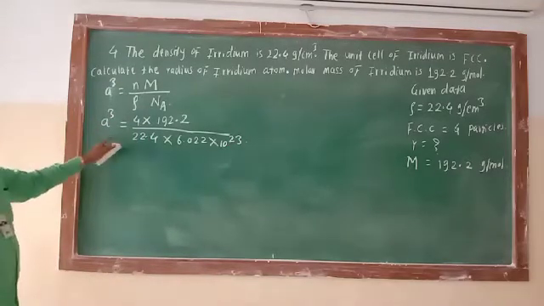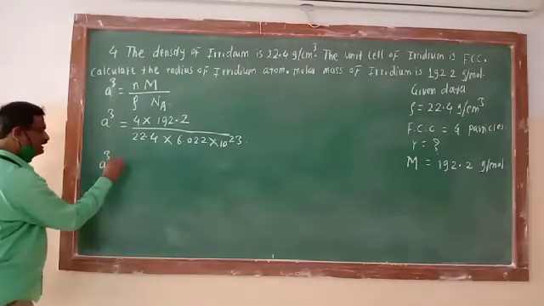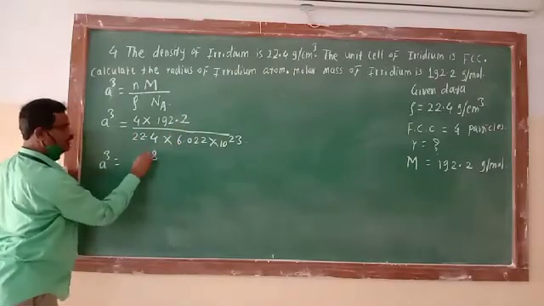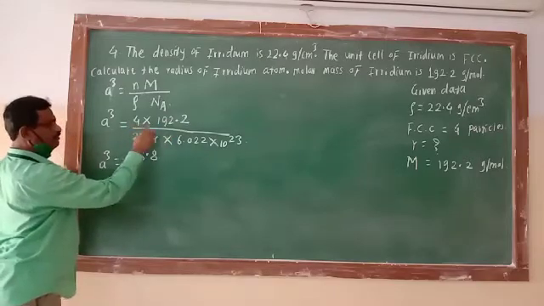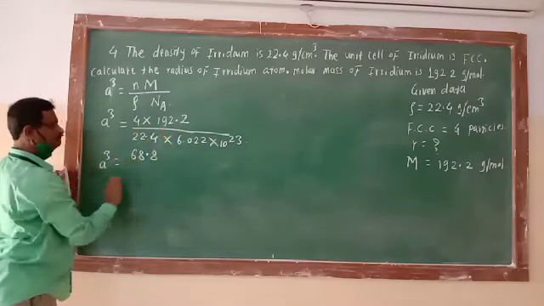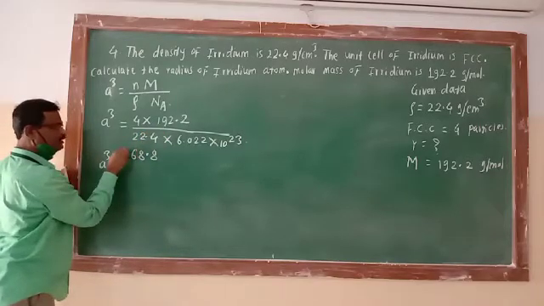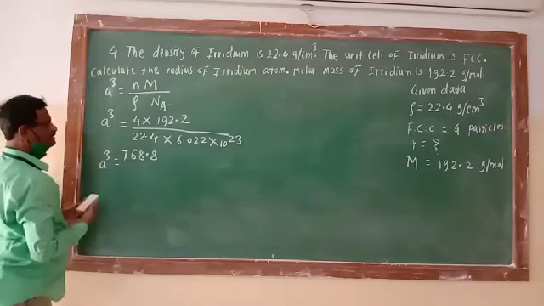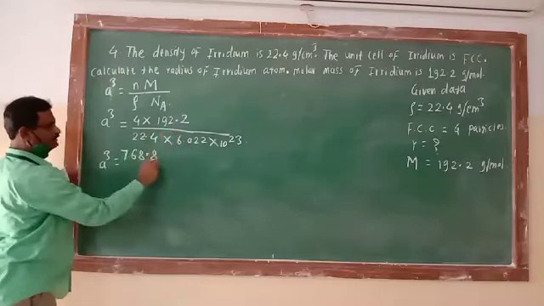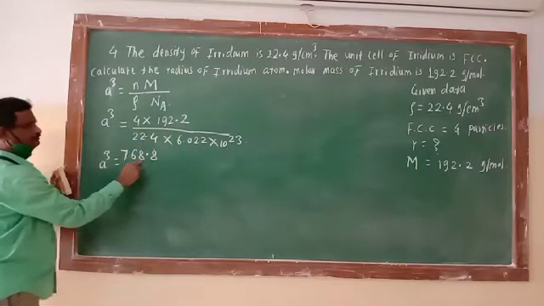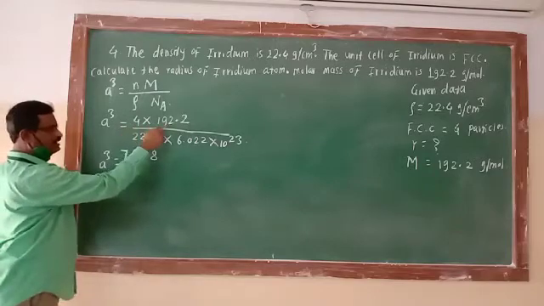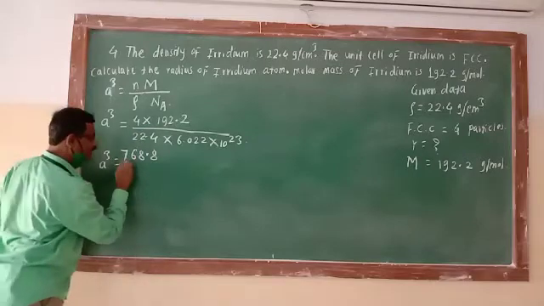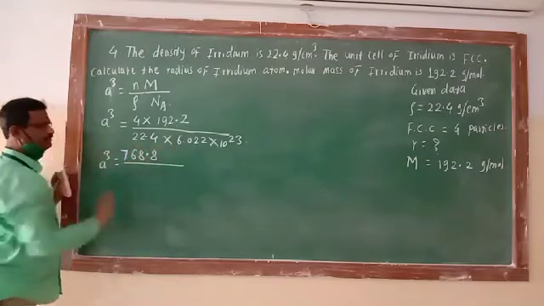So on solving this, we will get a cube equal to the multiplication of this: 4 times 8, 4 times 9 are 36, 4 times 1 are 4 plus 3, 7. So this is 768.8 divided by this factor.